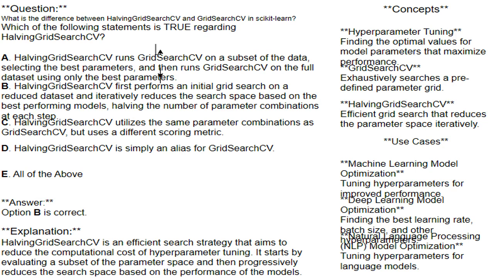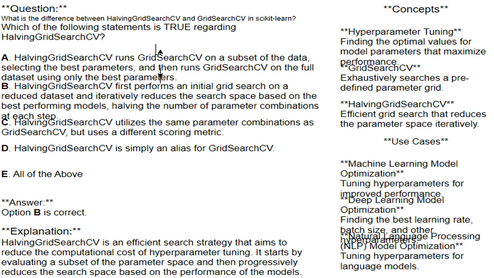B. Having grid search CV first performs an initial grid search on a reduced dataset and iteratively reduces the search space based on the best performing models, halving the number of parameter combinations at each step.